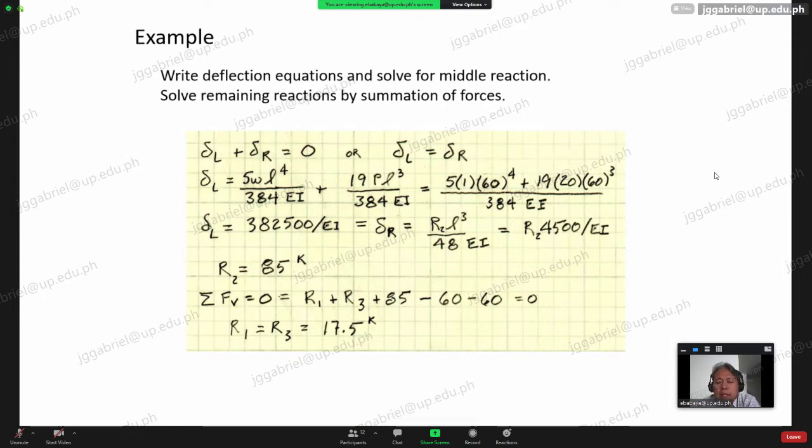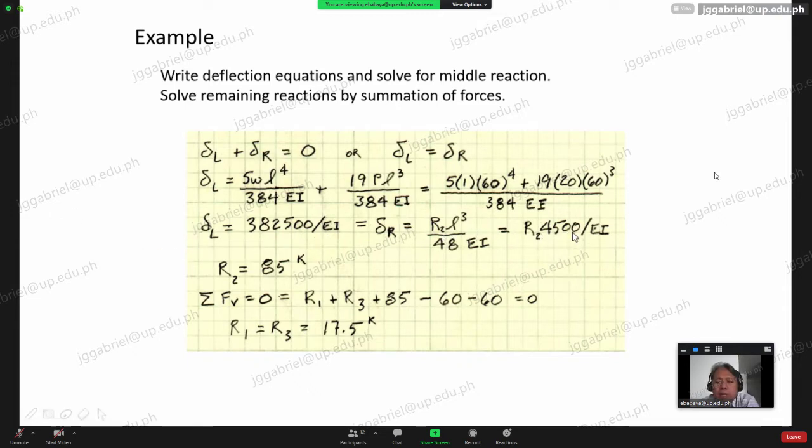In other formula, yung kita nyo rito, P L cube over 48 EI. But we just substitute it right away. P in here is represented by R2 or the central support. If you simplify this, plug in the value 60 in here, you'll get R2 over 4,500 EI.